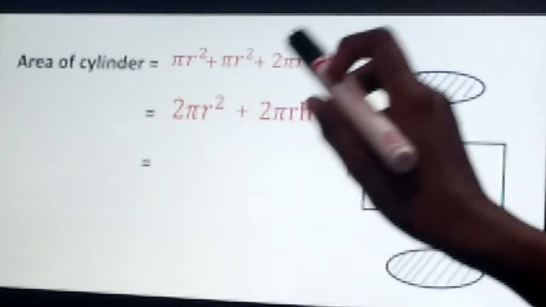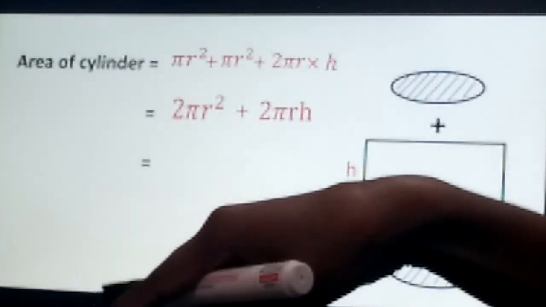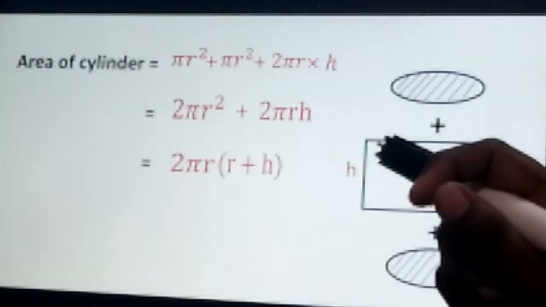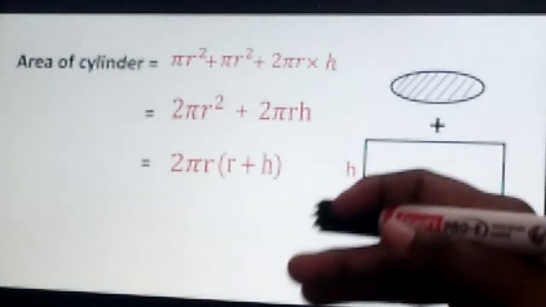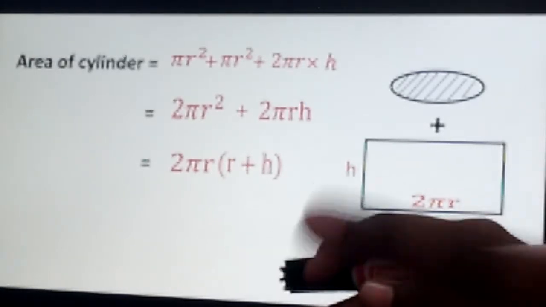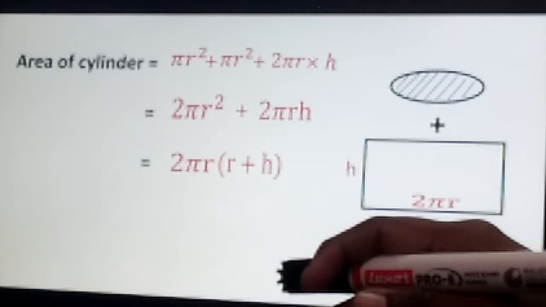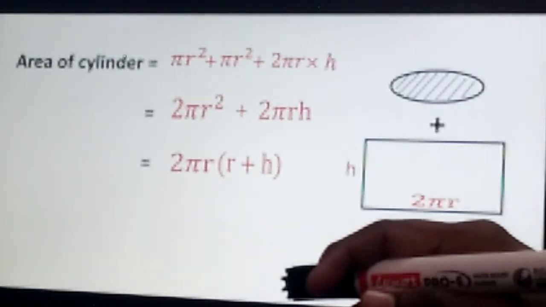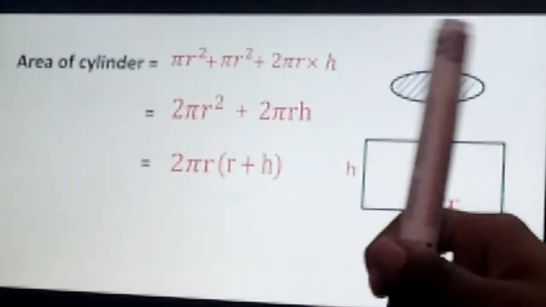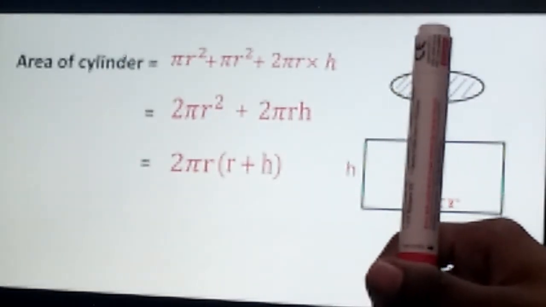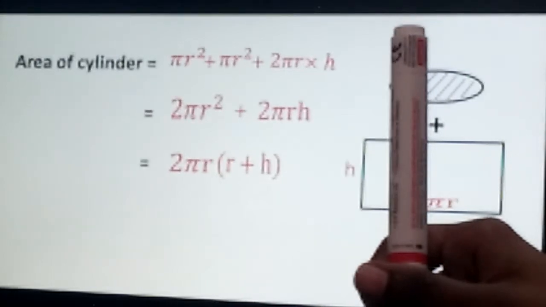So 2 pi r is common, so we have 2 pi r into (r plus h). Now the area of the cylinder is 2 pi multiplied by radius multiplied by the sum of radius and height. Again, 2 pi multiplied by radius multiplied by the sum of radius and height. Exciting?